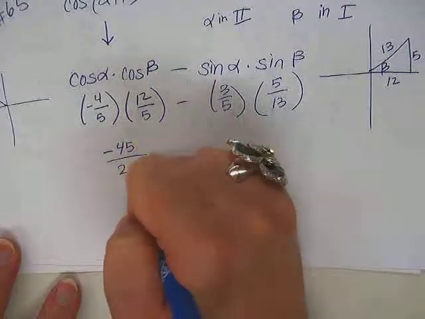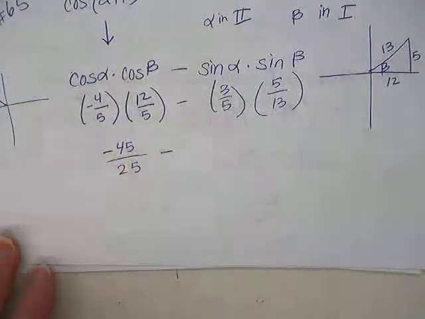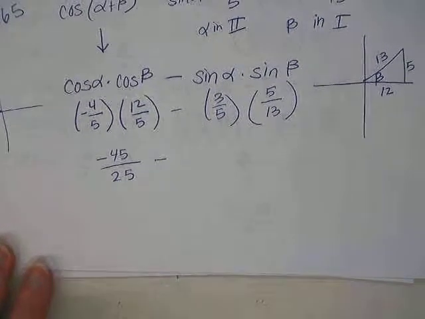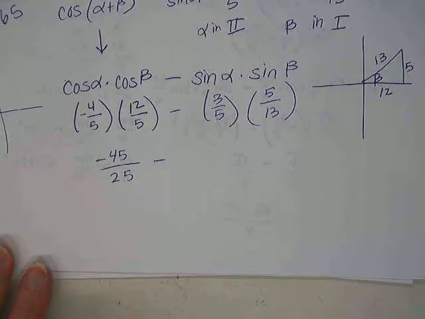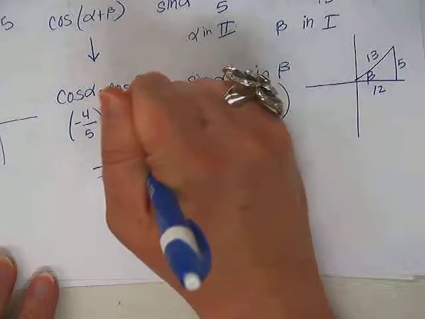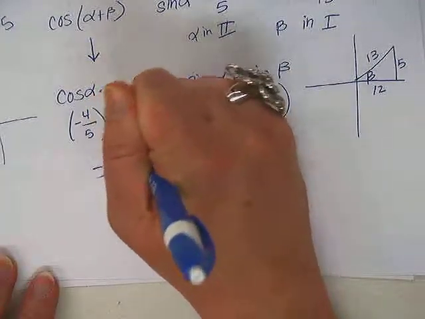So then we simplify, we get -48/25. Huh? 45/25? I said 48. Oh, it's 13.